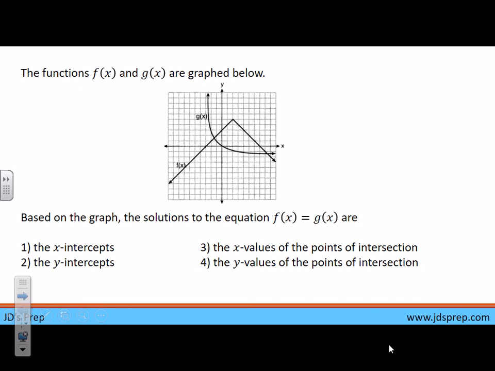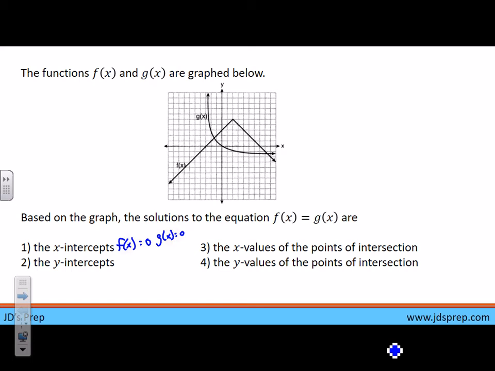Now, if we're looking at the graph of any number of equations, the x-intercepts are always going to be the points on the x-axis where the graph touches or crosses that line. Those are going to be the solutions to the equation f of x equals 0, or g of x equals 0, or whatever your function name ends up being.